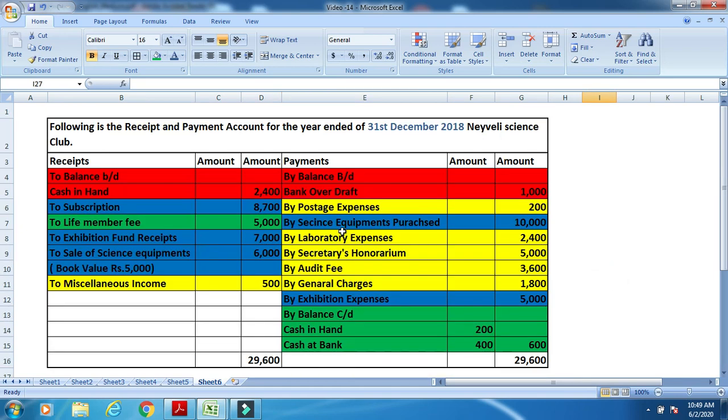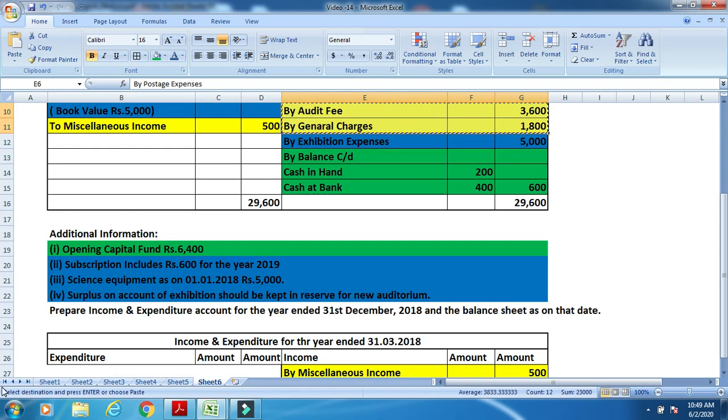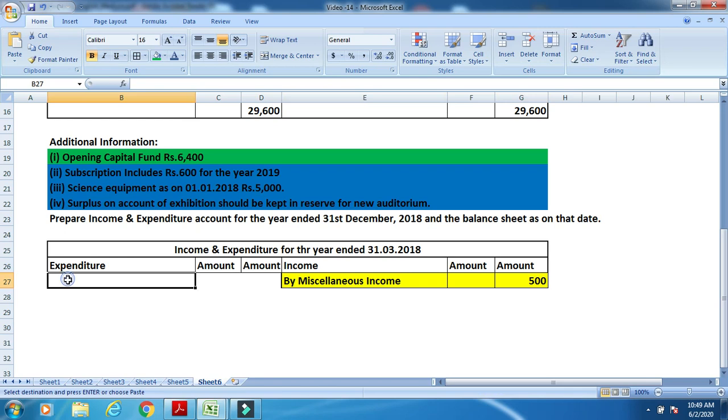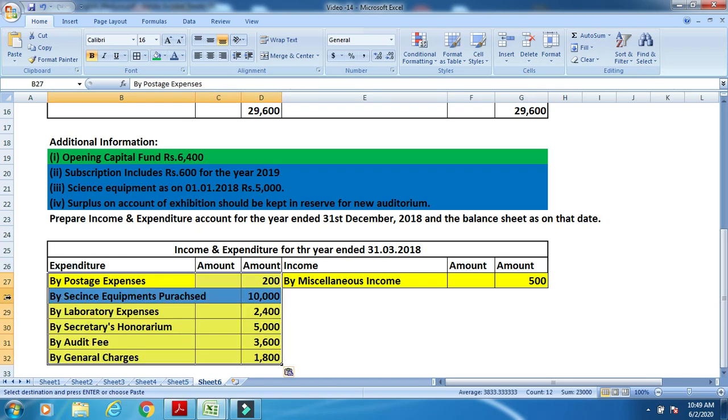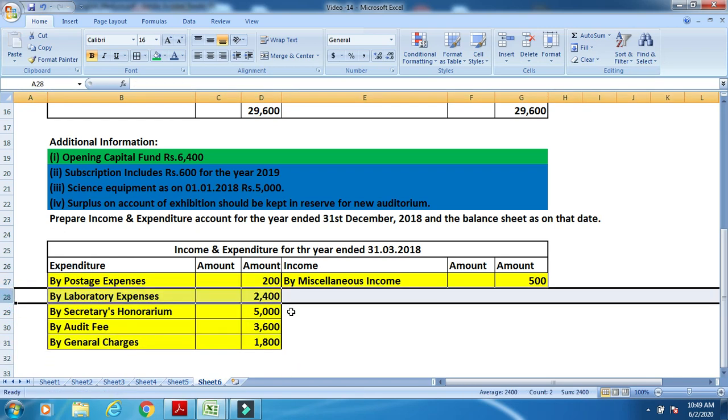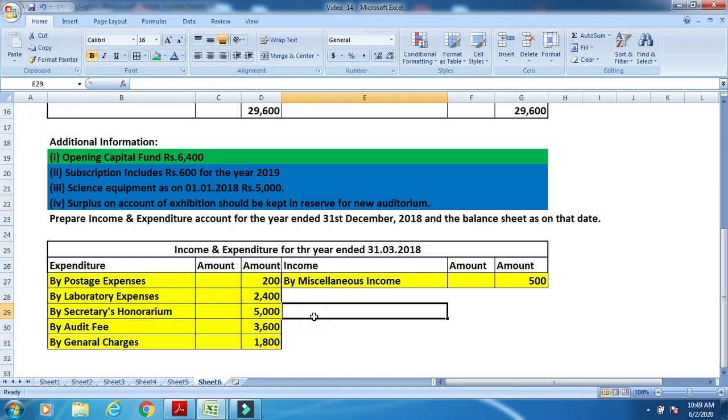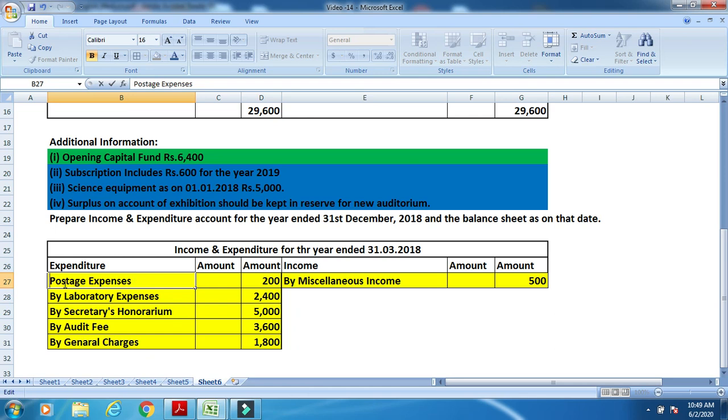Next, whatever is given in yellow. Here they have given by; all the by should be mentioned as to. Here they delete the blue color. By postage expenses will be mentioned as to postage expenses.